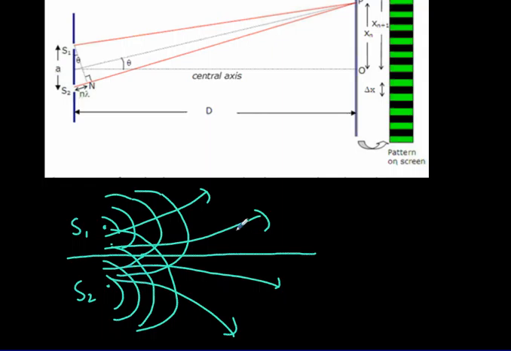Visible lines will appear. With light, however, you can't see it from the side. You can only see it either if you're looking directly at the light, and when you're talking about sunlight or laser light, that's definitely a bad idea, or you can see where it reflects off something. So in the case of Young's double slit, if we flip over and say instead of this being in water, it's actually light waves, what we would observe is lines on a wall or a screen that were alternately light and dark.